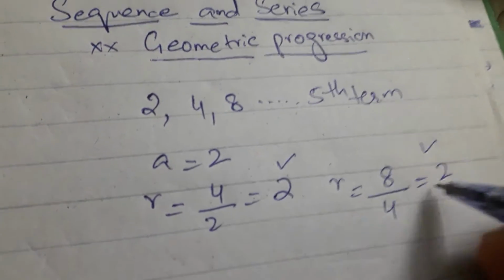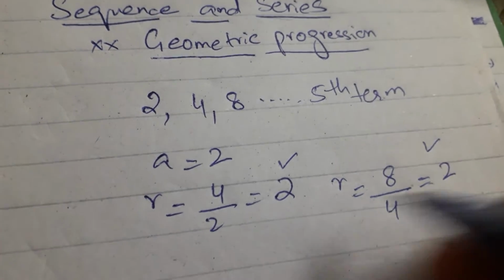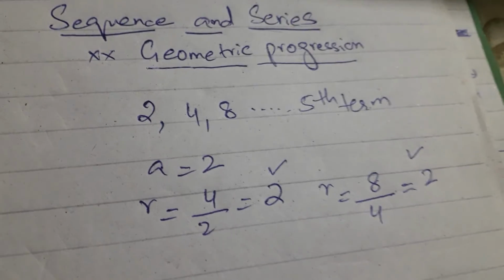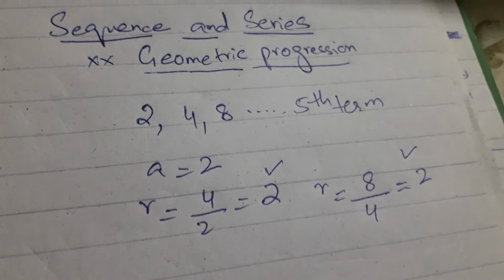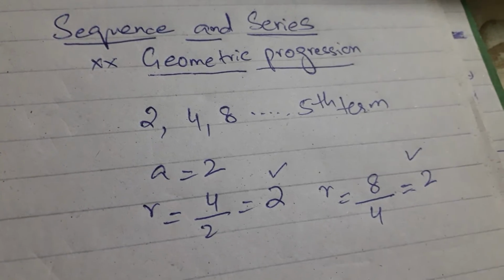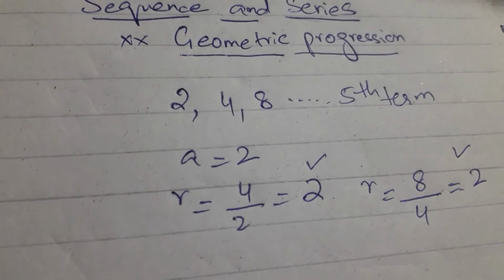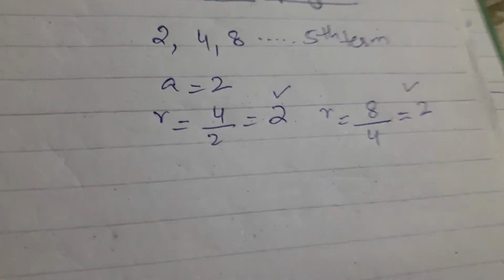If the ratios are same, then it can be easily identified that it's a geometric progression series. If the difference between the two numbers is same, then it will be identified that it's an AP series, which we have learned in the previous lecture.